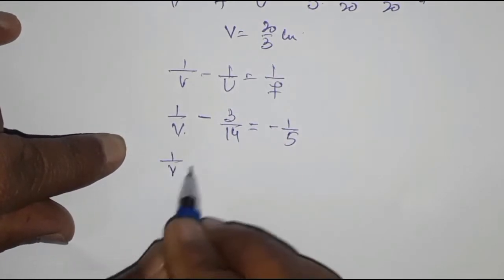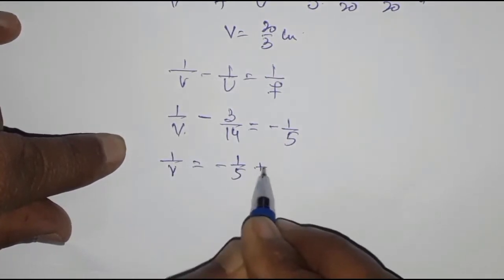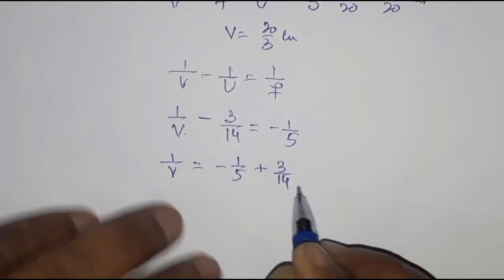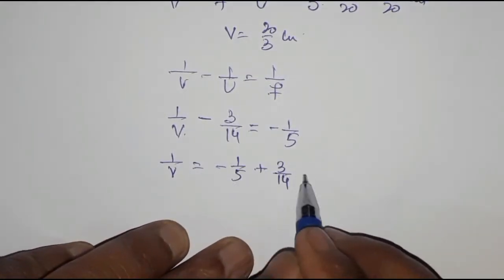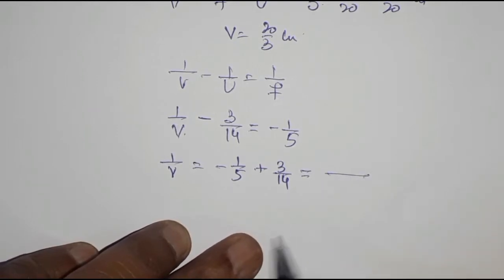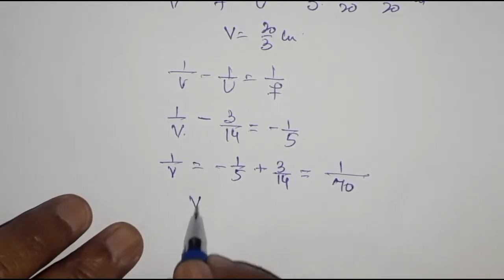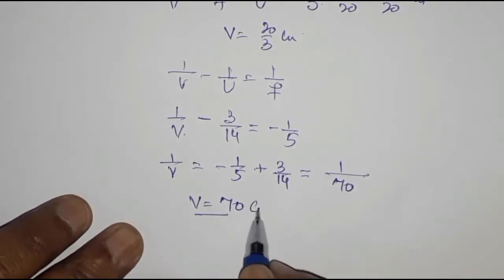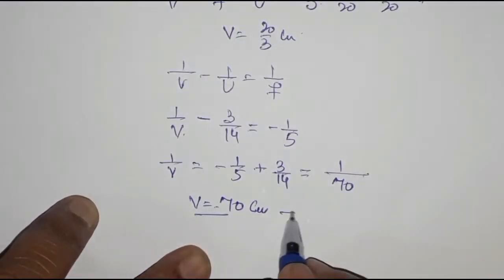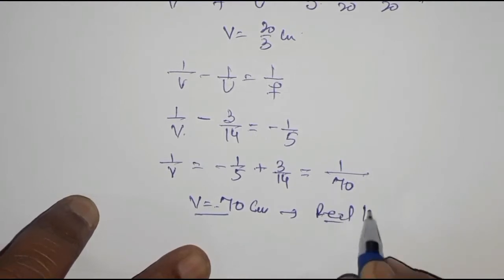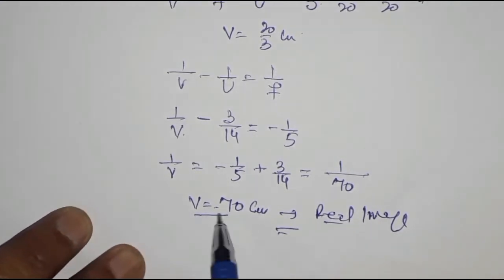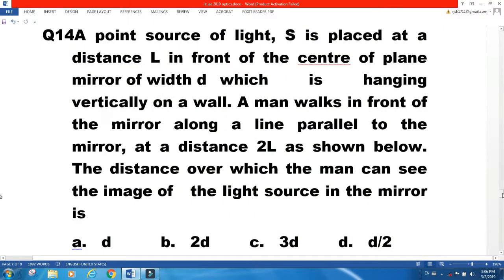So 1 by V is equal to minus 1 by 5 plus 3 by 14, which is 1 by 70. That is V is equal to 70 centimeter. This is positive, so the image is real. A real image will be obtained at a distance of 70 centimeter from this lens. So the option is D.